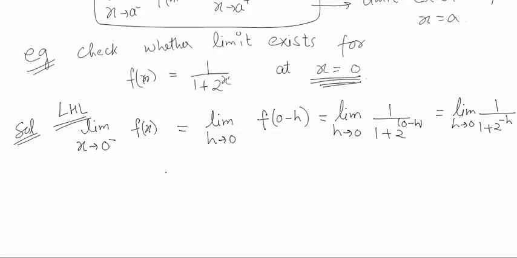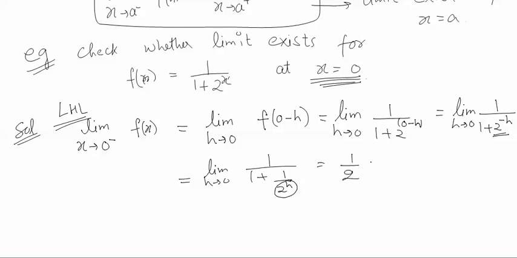Simplifying, this is limit h tends to 0 of 1 upon 2 raised to h. Now 2 raised to h will become 2 raised to 0, that is 1. So this term will become 1.